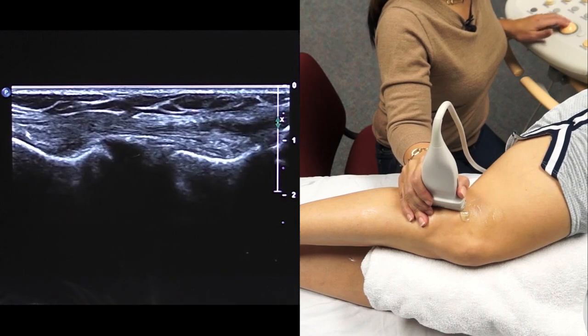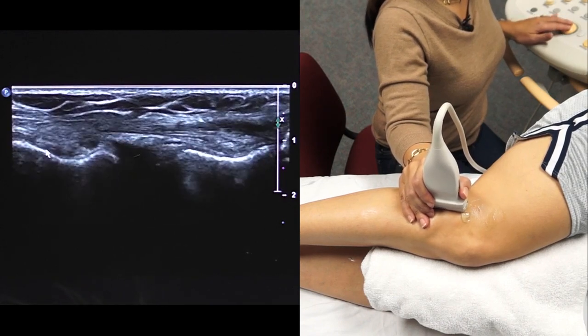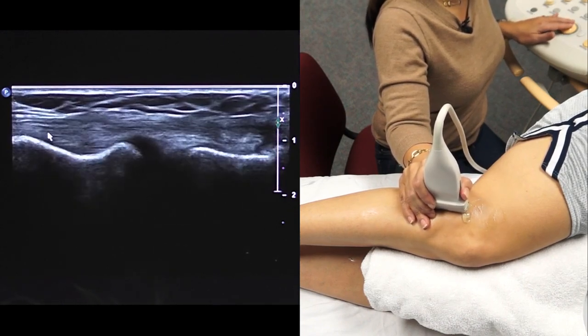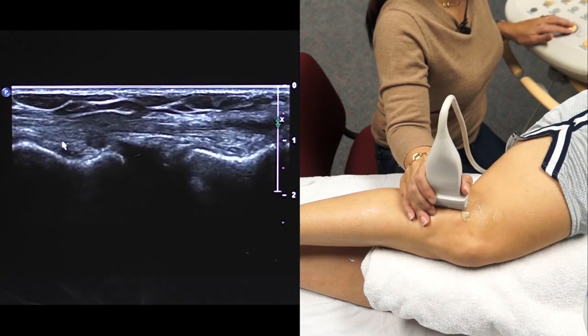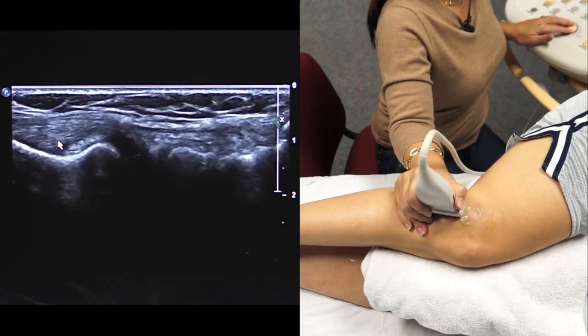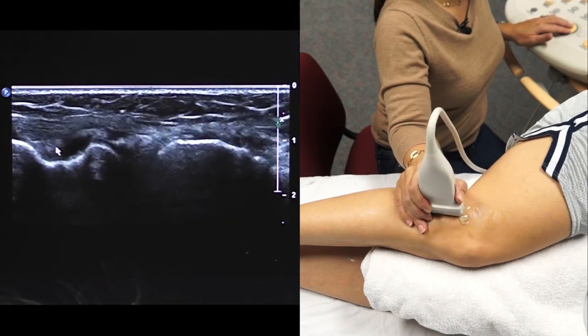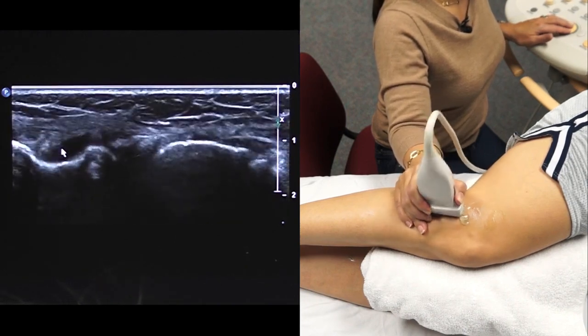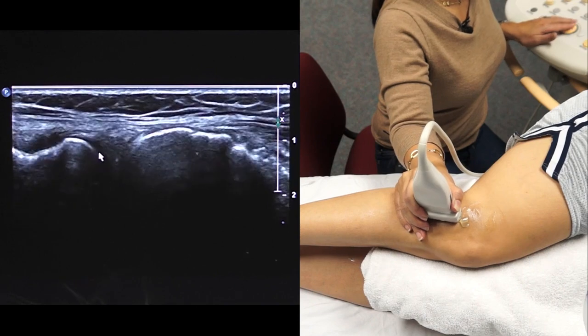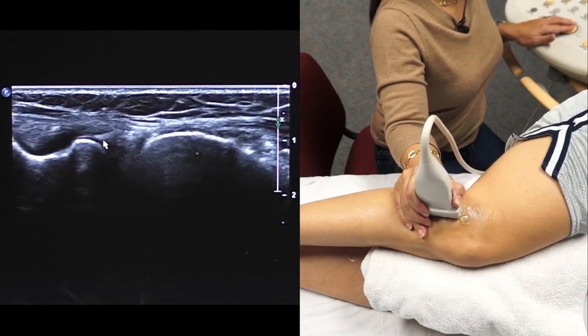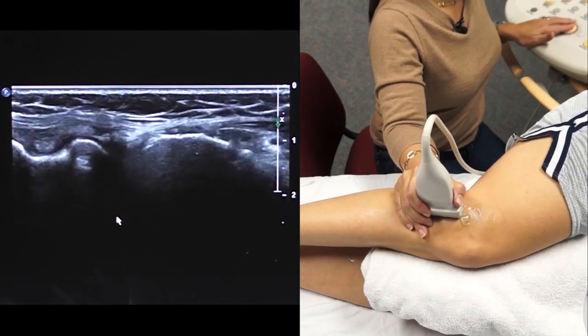You can see a groove more cranially, which is the groove for the popliteus tendon. And you can see that tendon here. You can confirm that by rocking your transducer and bringing out anisotropy in that tendon. Okay, and also at this level, you can see the lateral meniscus. So here we are looking at the joint. Here's a distal femur.